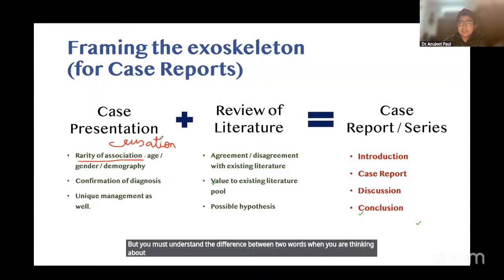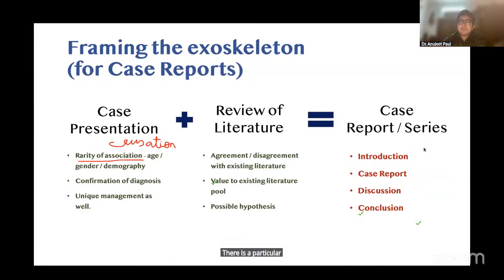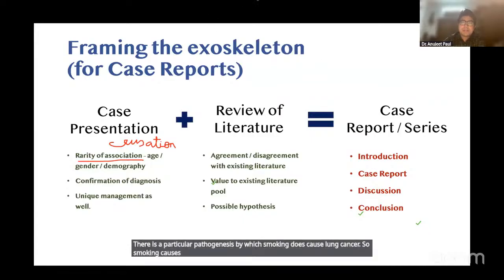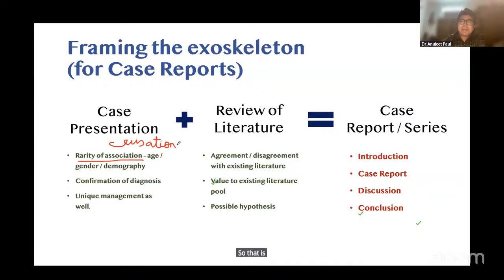So the first thing is association, and the second thing is causation. So if I say smoking causes lung cancer, there is a particular pathogenesis by which smoking does cause lung cancer. So smoking causes changing of the surface epithelium and then causes carcinoma in situ and then causes full-blown lung cancer, and then there is adenocarcinoma and squamous cell carcinoma, etc. So that is causation. It can be explained.